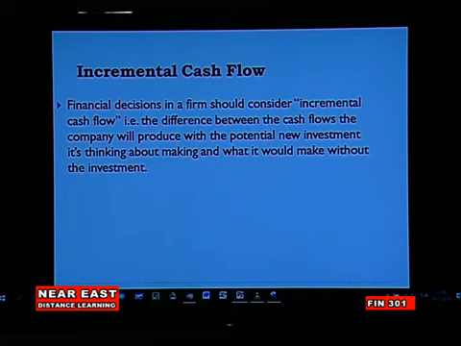Incremental cash flow. Financial decisions in a firm should consider incremental cash flow. It is the difference between the cash flow the company will produce with the potential new investment and what it would make without the investment.